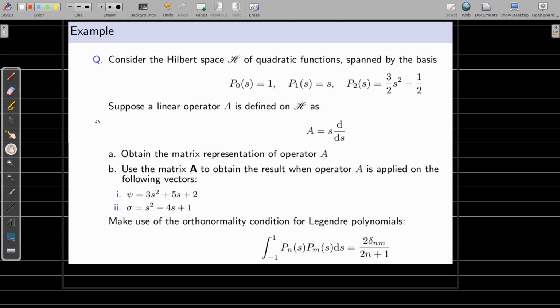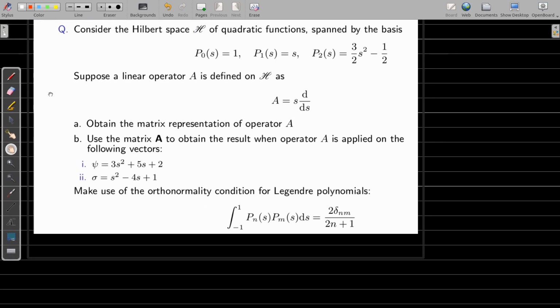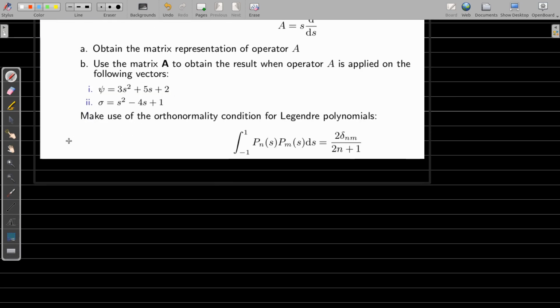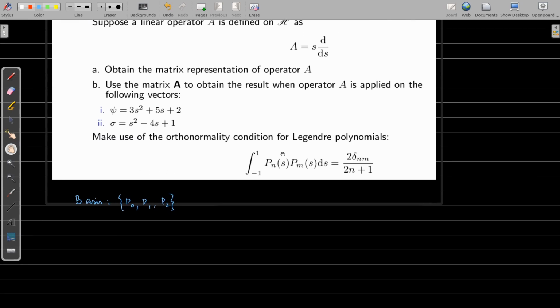First we will find out P0, P1 and P2. The basis here is P0, P1 and P2. Now we'd like to find out what happens when I take the scalar product of each of these.